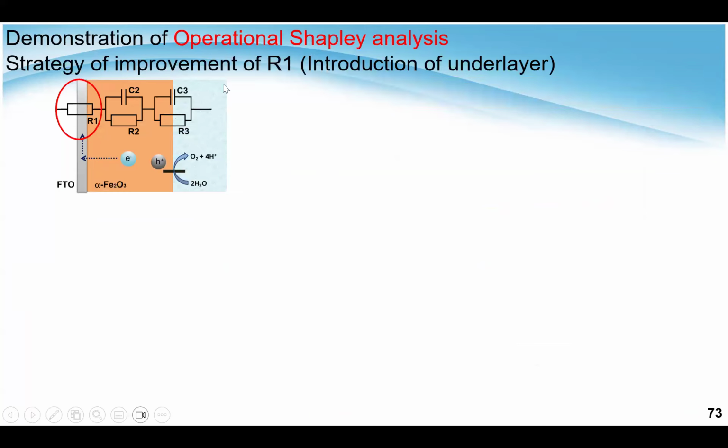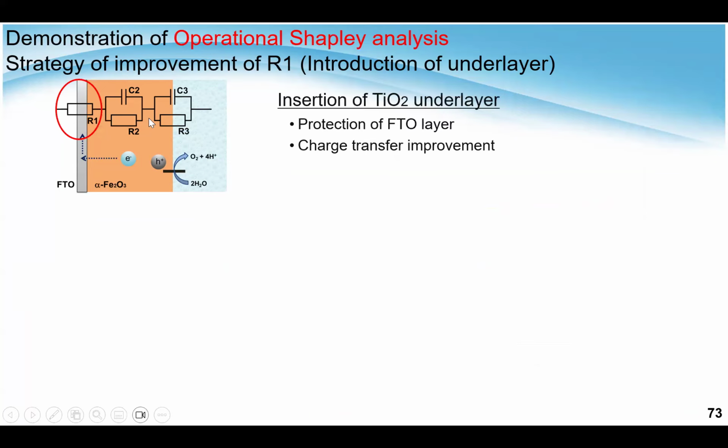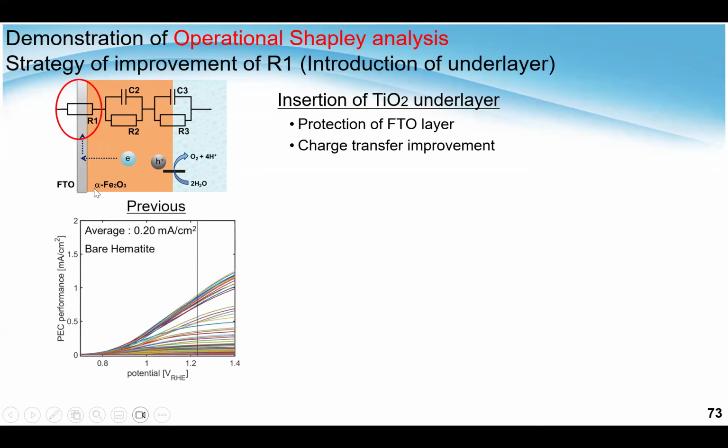I'll show you one example in the case of a strategy to improve the interface of FTO and hematite. Insertion of a TiO2 underlayer is good for supporting the conductivity at the back interface.